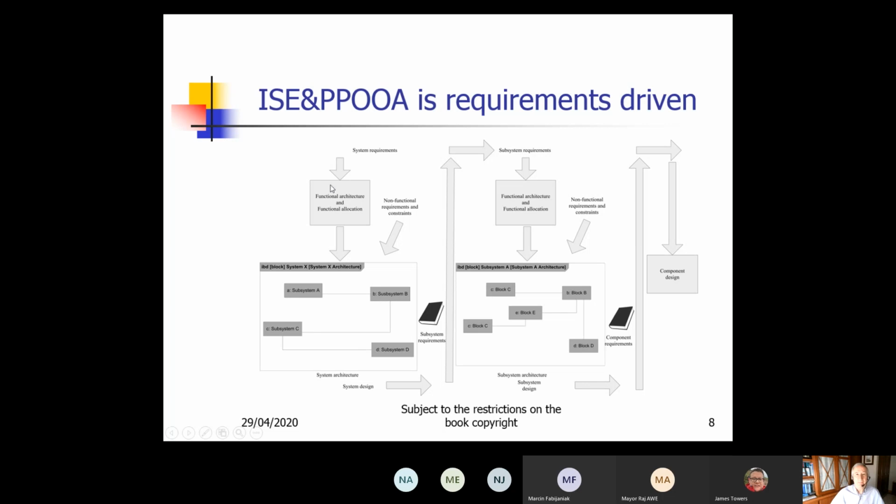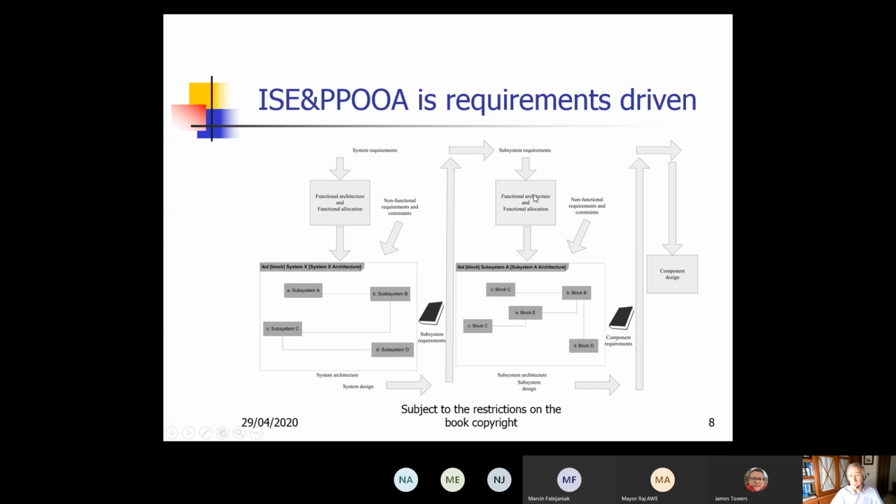So we develop the functional architecture hierarchically, and the functional allocation. With the functional allocation, we identify the logical blocks that are part of the physical architecture. At the same time, we develop the requirements for the next step, which are the subsystem requirements.